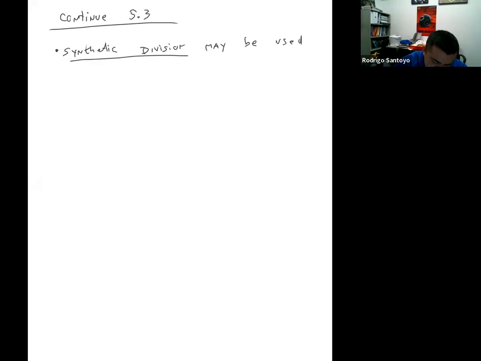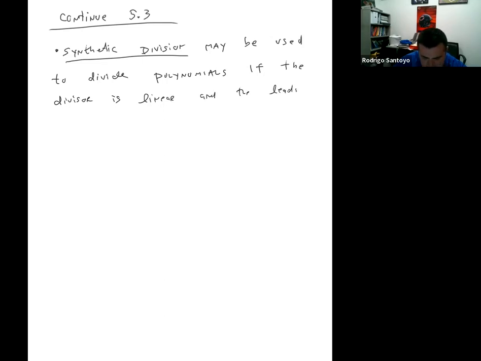Synthetic division may be used to divide polynomials if the divisor is linear and the leading coefficient is 1.